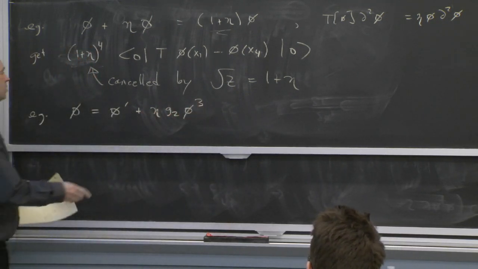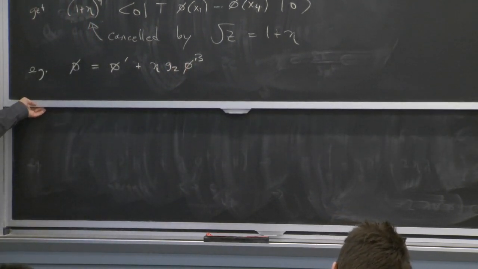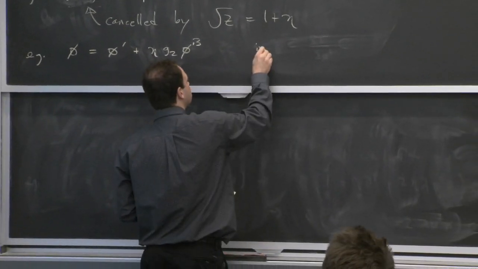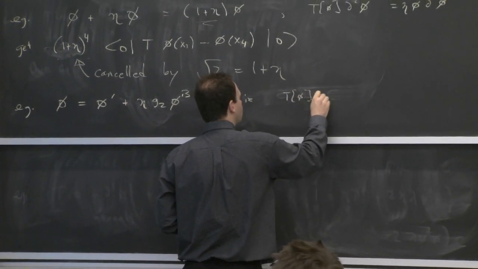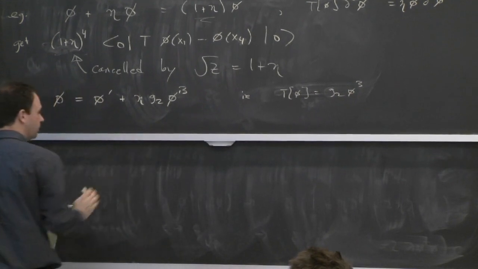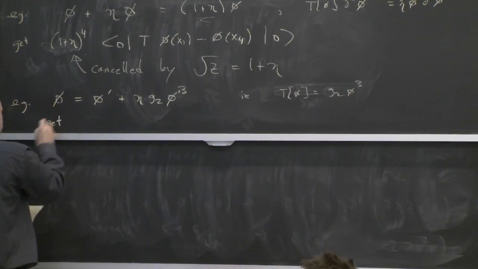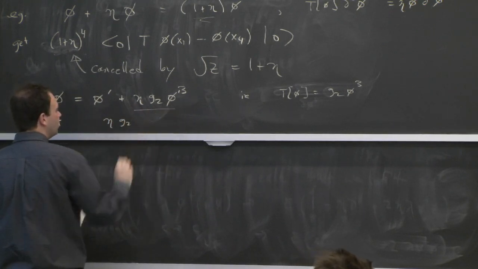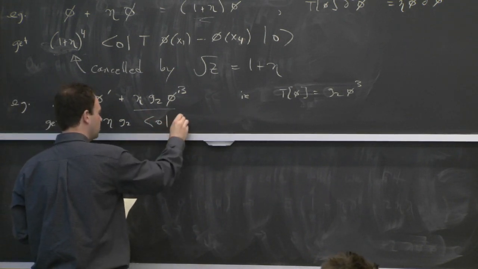So let's just take some cubic term in our field redefinition. So this is like having a phi cubed del squared phi term. So this extra term will give rise to extra terms in the time order product.